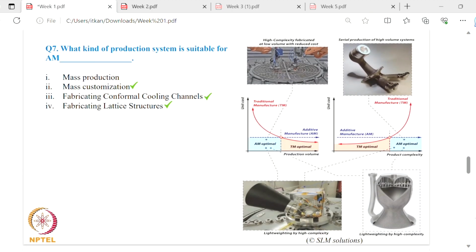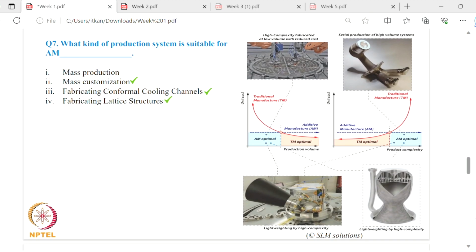So what kind of production system is suitable for additive manufacturing? Mass production, mass customization, fabricating conformal cooling channels, fabricating lattice structures. Now, for mass production, additive manufacturing is not suitable.